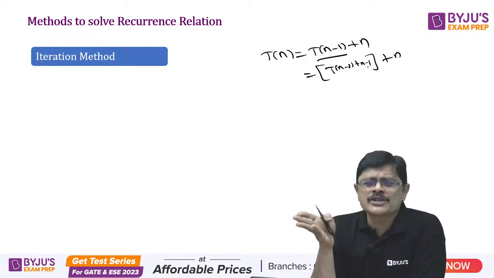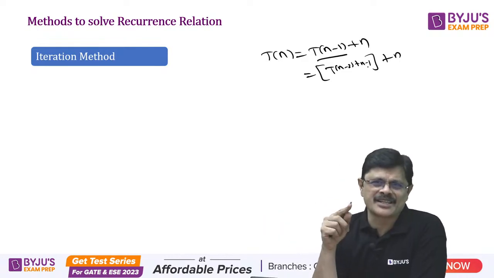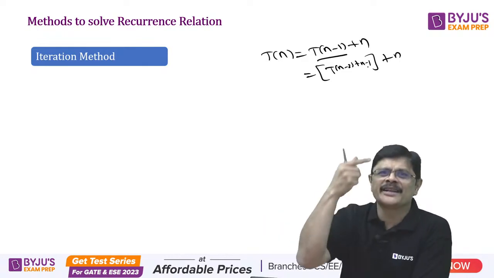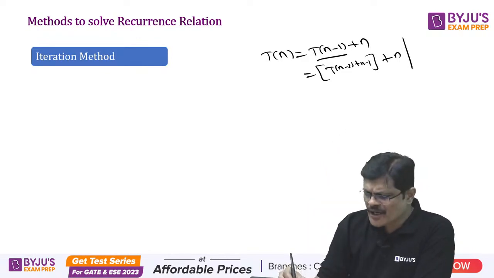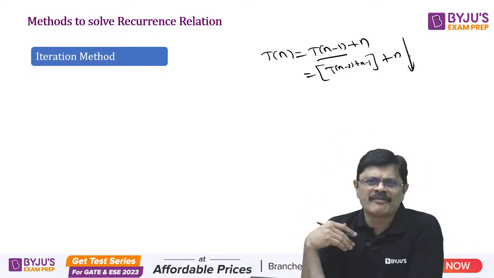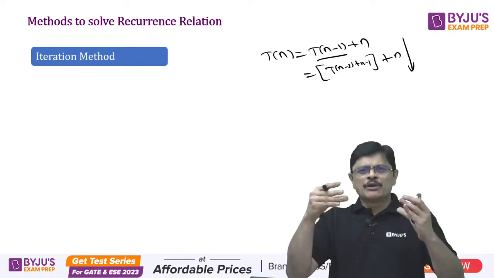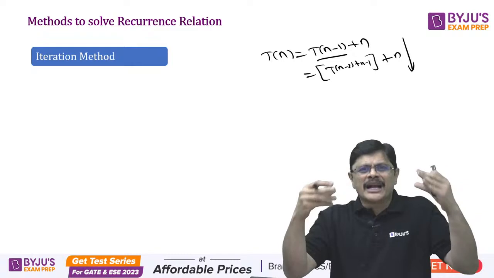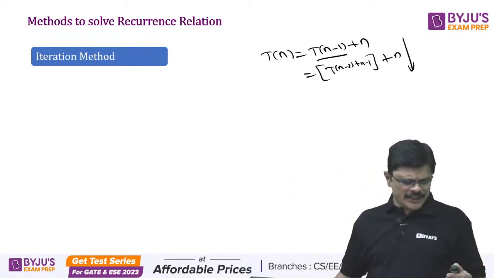In the iterative process, there are 2 methods which people follow, either forward iteration or backward iteration. Starting from the stop condition and moving to the bigger value, or from the bigger value down, this is called backward iteration, my dear friends. There is one more thing called forward iteration, where from T1 we build T2, from that we build T3, then we write T4, then we write the general expression, my dear friends. So that is the iterative method.